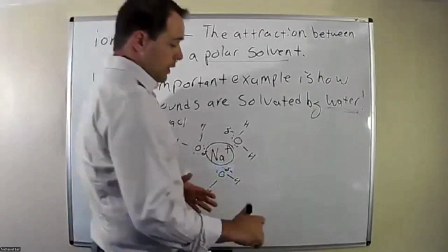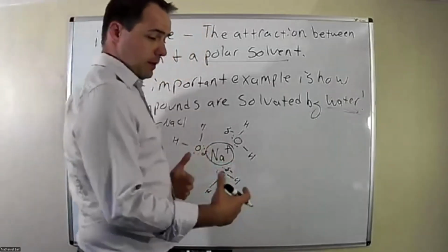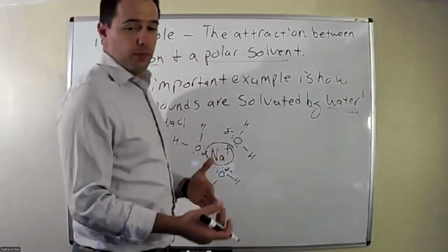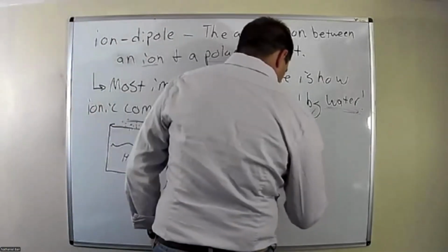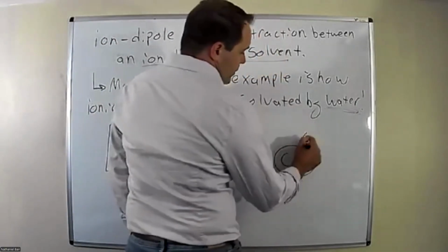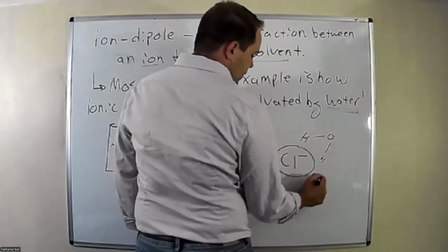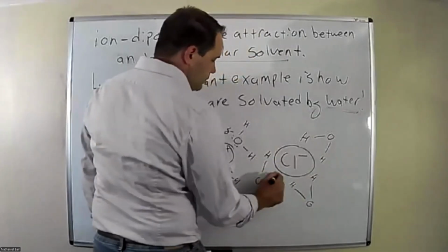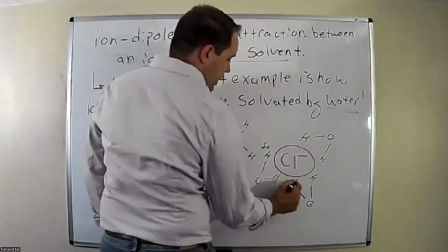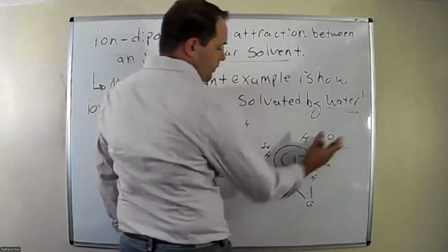The opposite would be the other part of that, obviously: how is the anion from the ionic compound going to be solvated? Well, for sodium chloride, that would be a chloride. And what's going to happen is the partially positive hydrogen atoms are going to point their ends right at it, right?